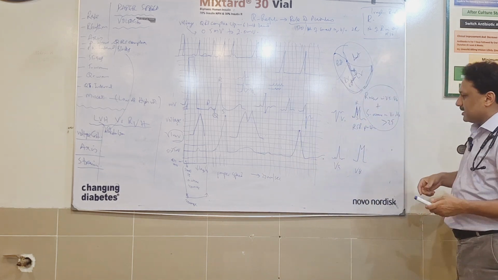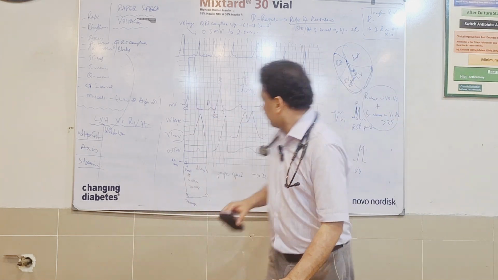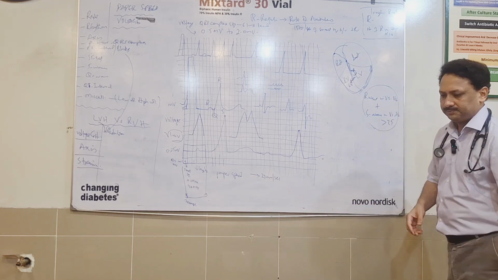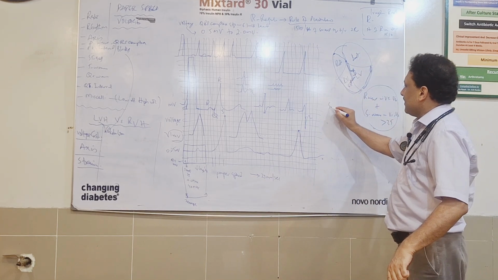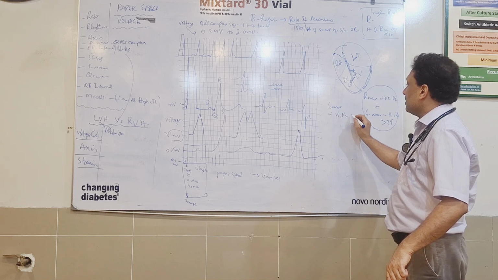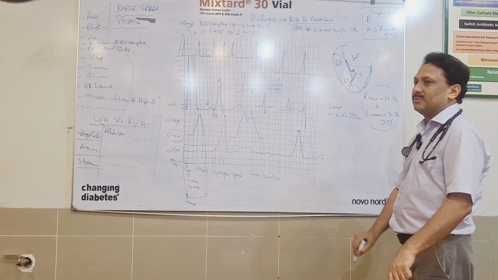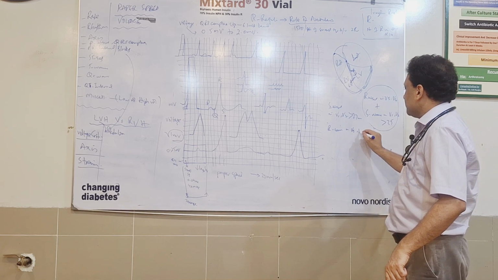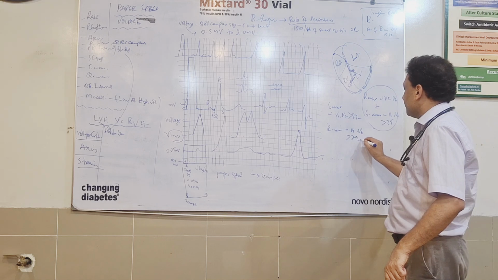There are 2-3 other criteria which are quite commonly used. S wave in V1, V2 greater than 27 mm or R wave in V5, V6 greater than 27 mm.